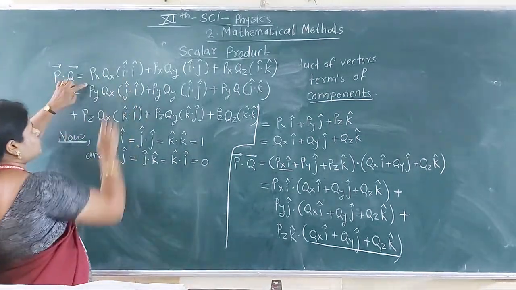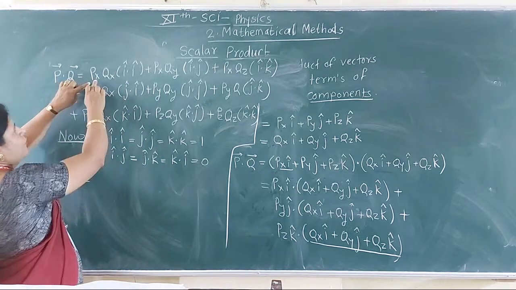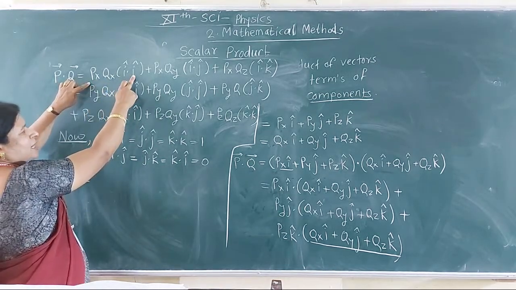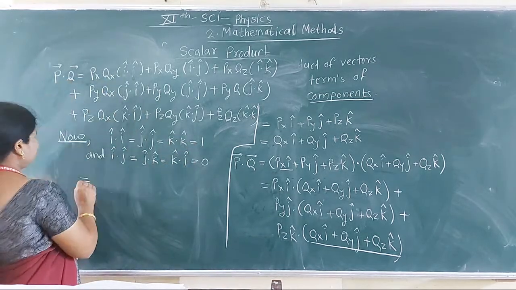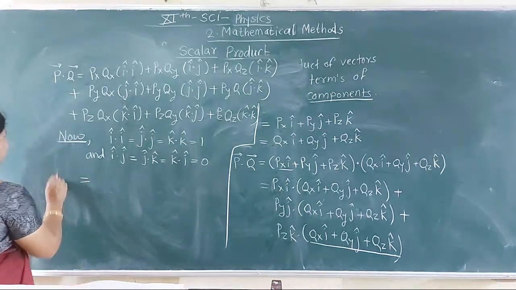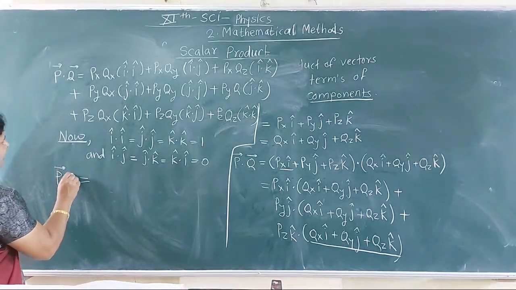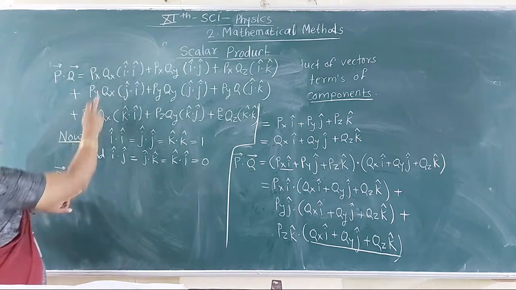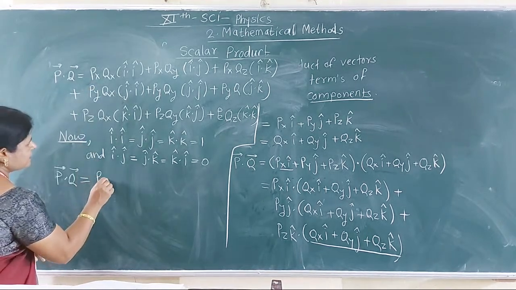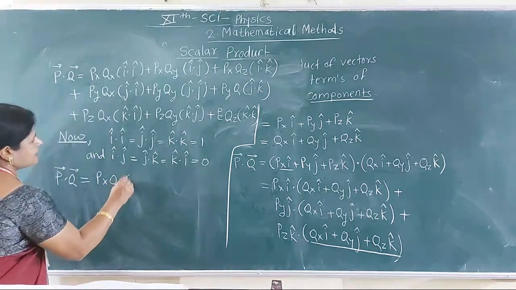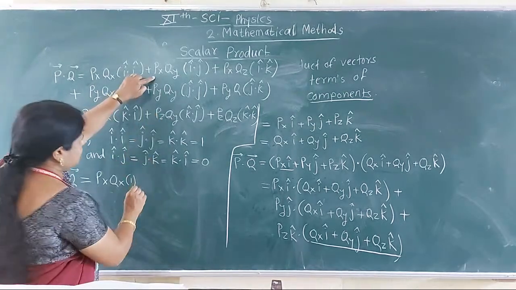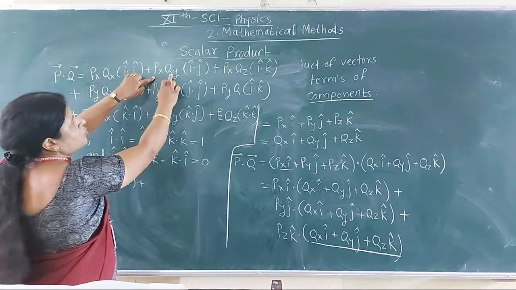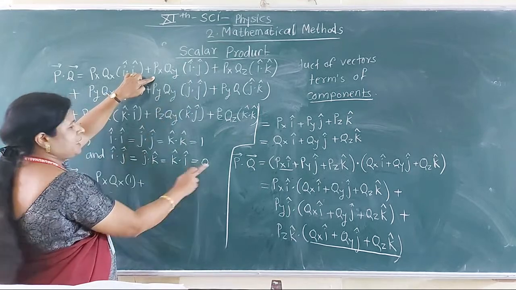So substitute these and we get here i cap dot i cap is equal to 1. Therefore vector p dot vector q is equal to px qx into 1, plus px qy i cap dot j cap, which is 0.